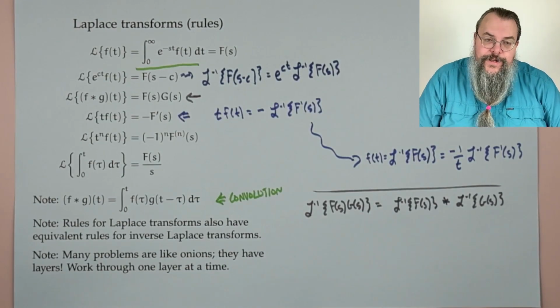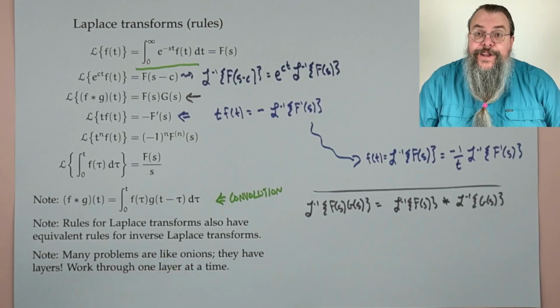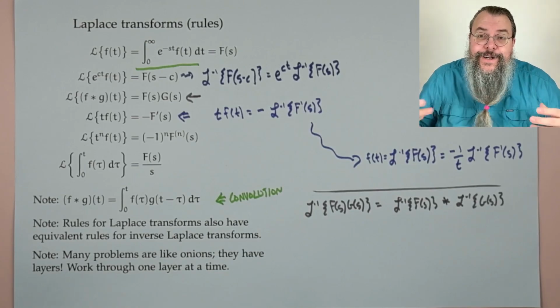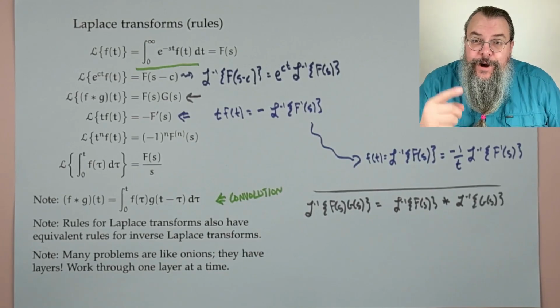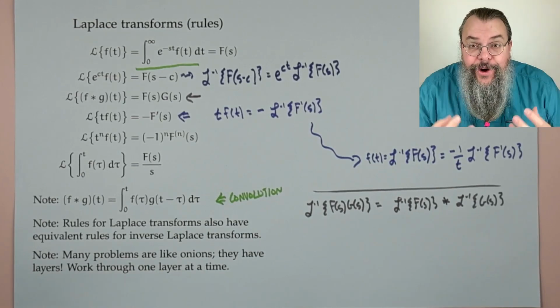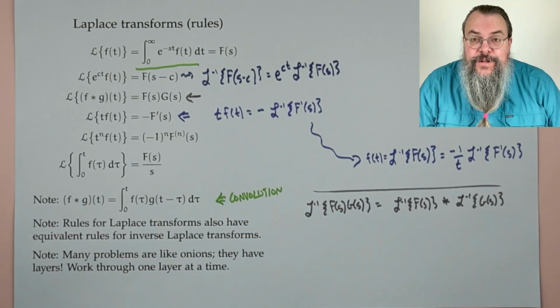Now, there's a note. Many problems are like onions. They have layers. So you have to work through the layers. And of course, I know what you're going to say: there also are going to be tears involved, right? Tears of joy. Tears of joy at doing fun and interesting problems.